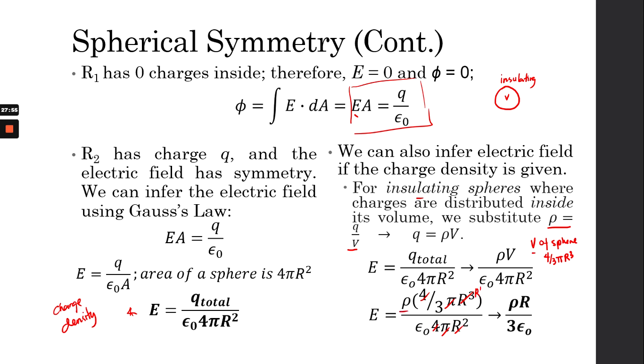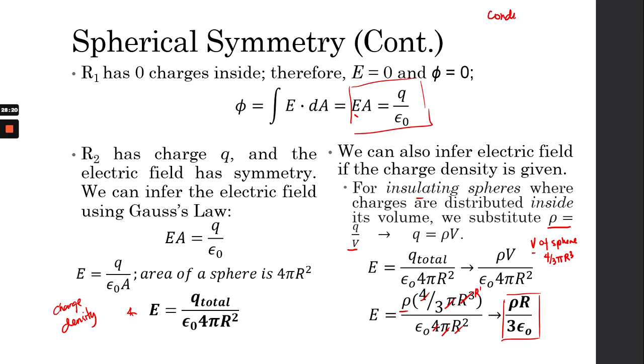It's your rho multiplied by the radius of your sphere divided by 3 epsilon naught. So this is the equation that you use if you are given the charge density for insulating spheres. But what if you have a conducting sphere?